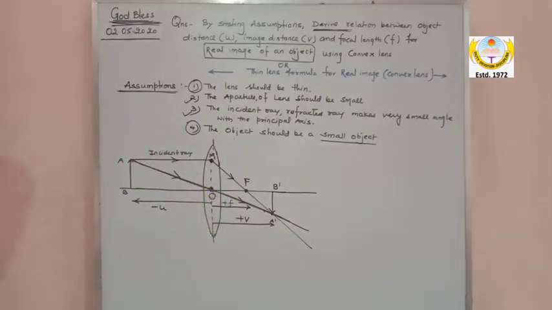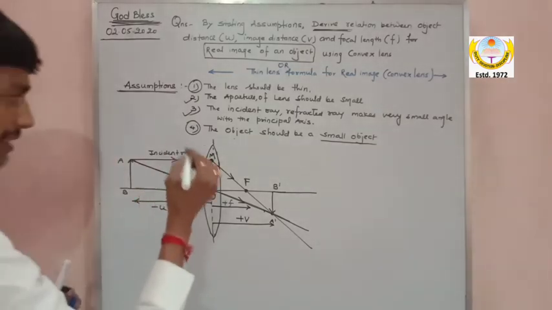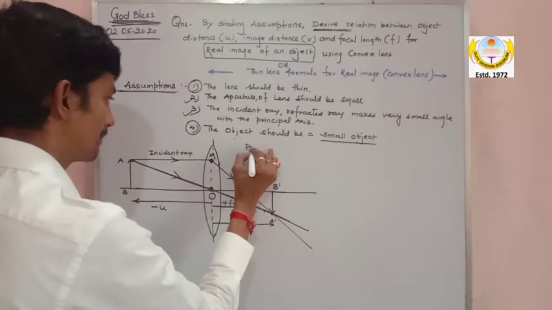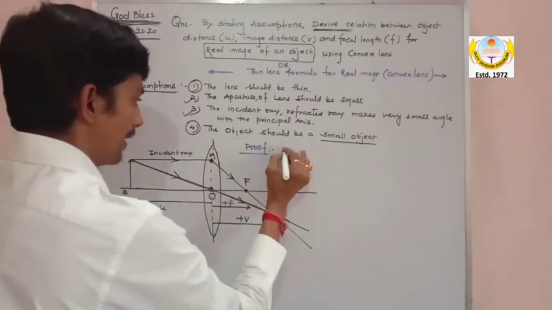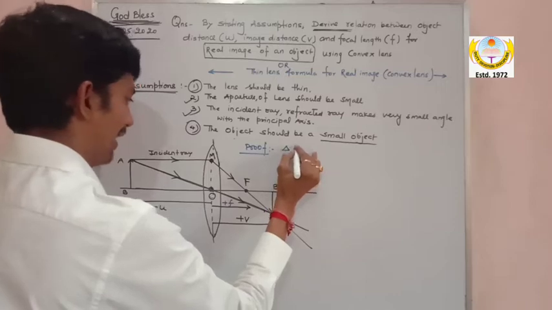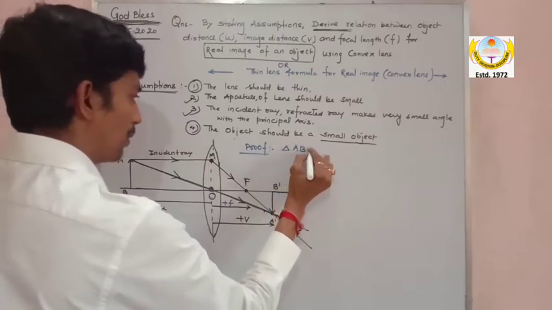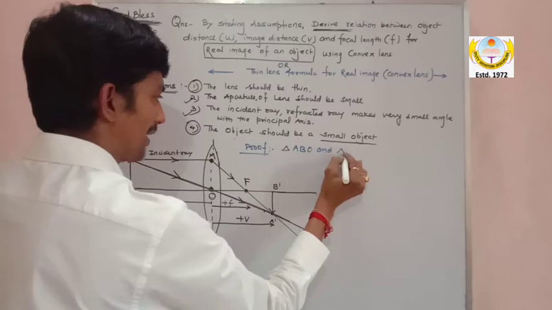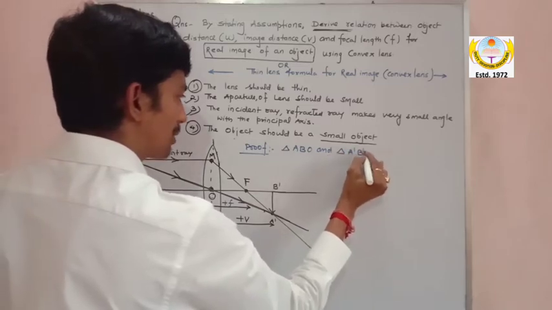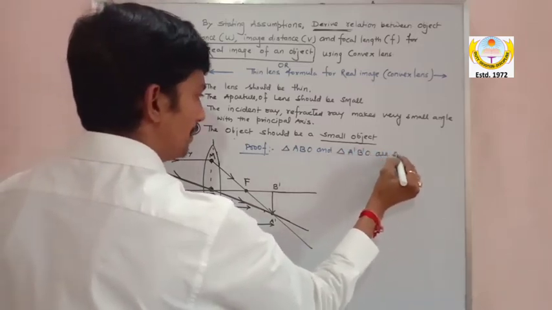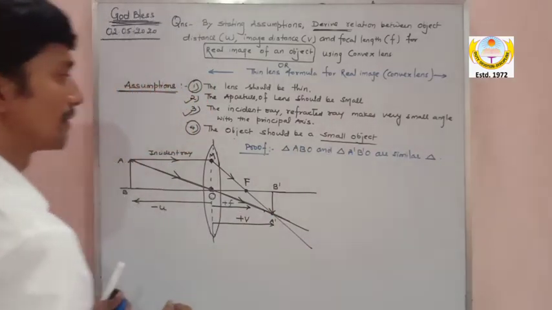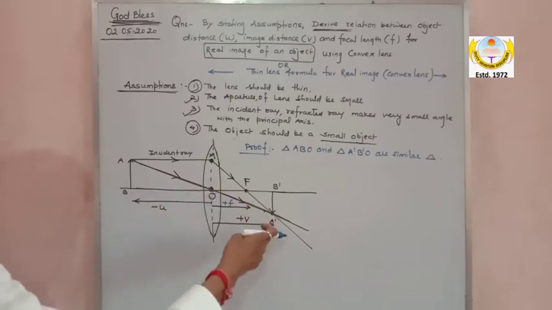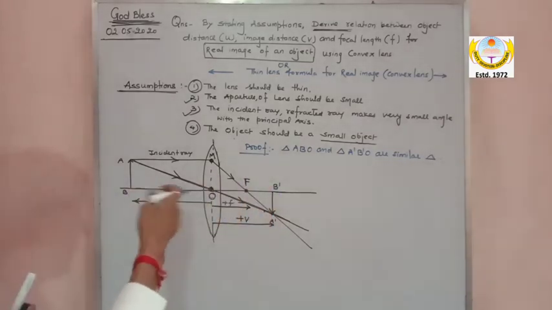Now here, my dear, can we take the two triangles? Let's start the proof. Triangle ABO and triangle A dash B dash O are similar triangles.